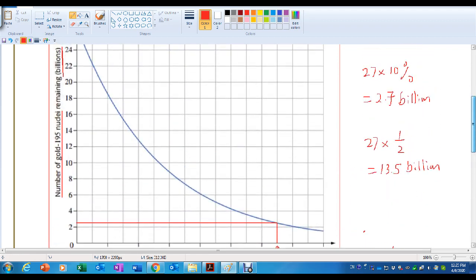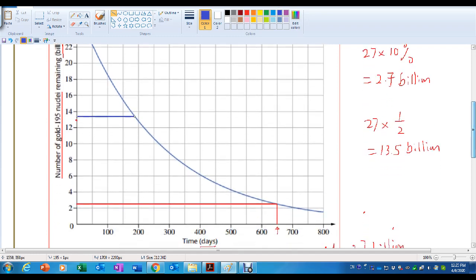So 13.5 should be here, and I draw this one.